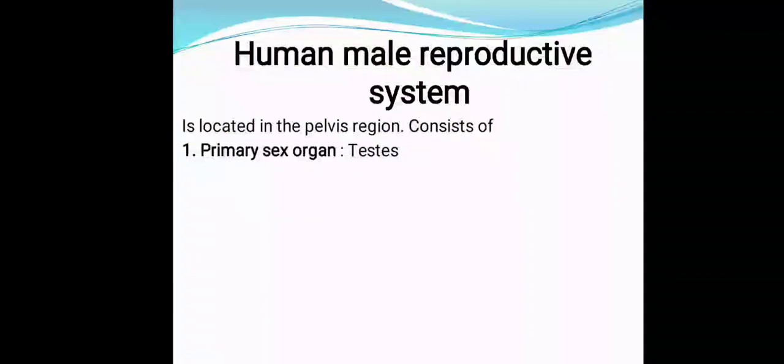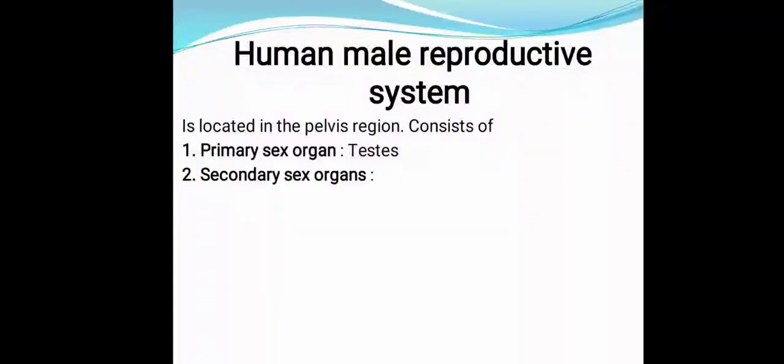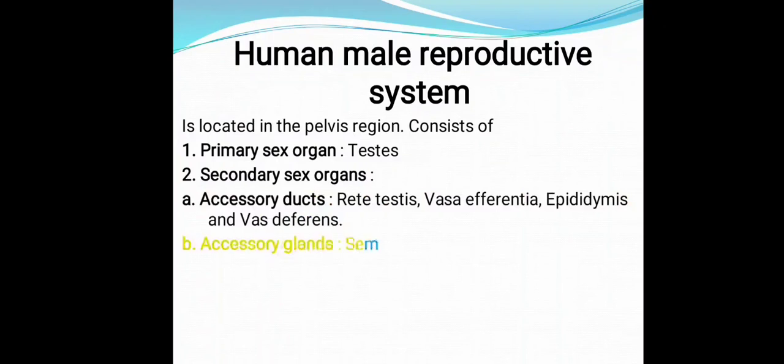Let us study the human male reproductive system. The human male reproductive system is located in the pelvis region and it consists of the primary sex organ, that is testes, and secondary sex organs classified as accessory ducts and accessory glands.